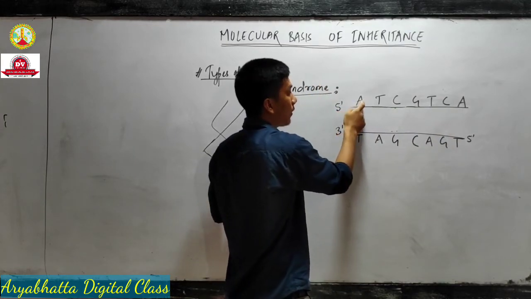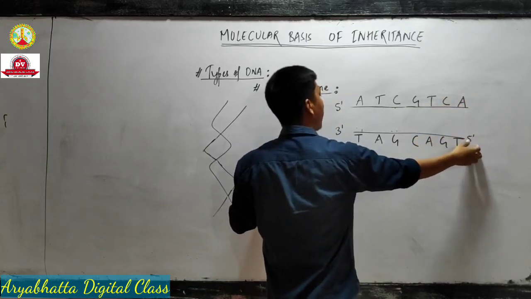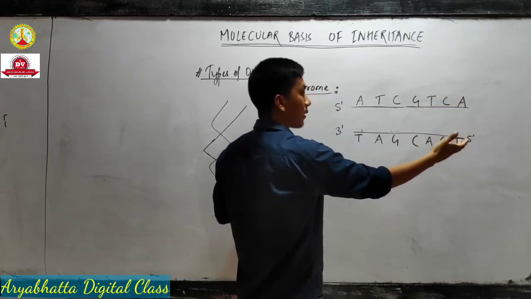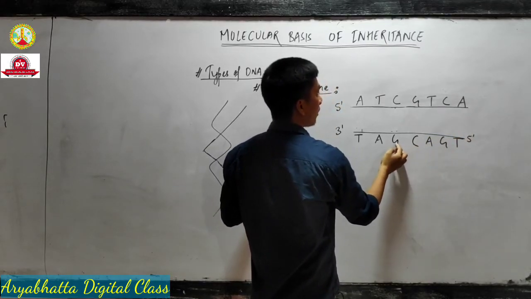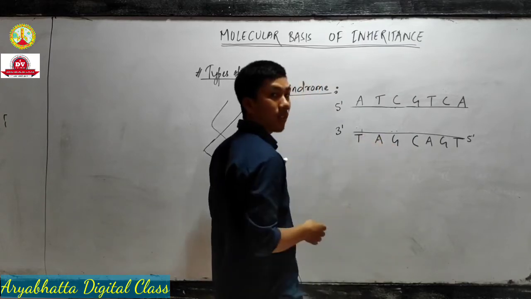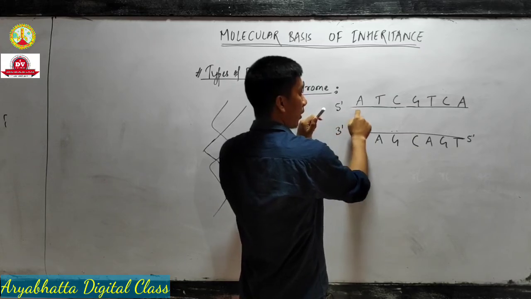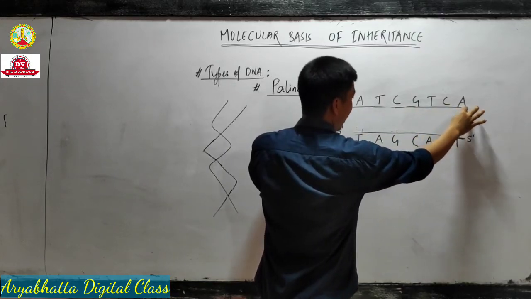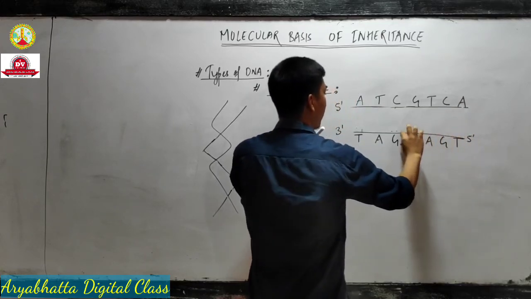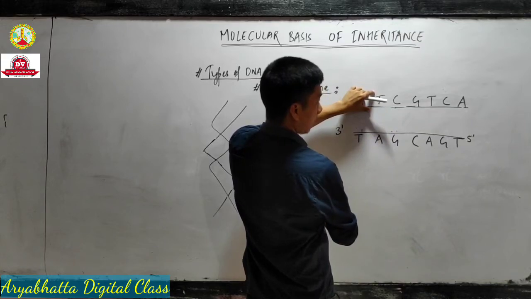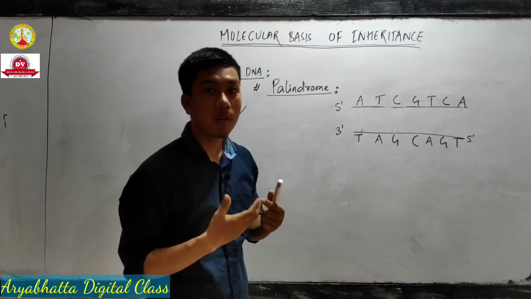Now read the other strand from 5 prime, and we get the same letters: T, G, A, C, G, A, T. When we read the opposite strand from 5 prime, we get the same letters like this. That is what we call a palindrome sequence.